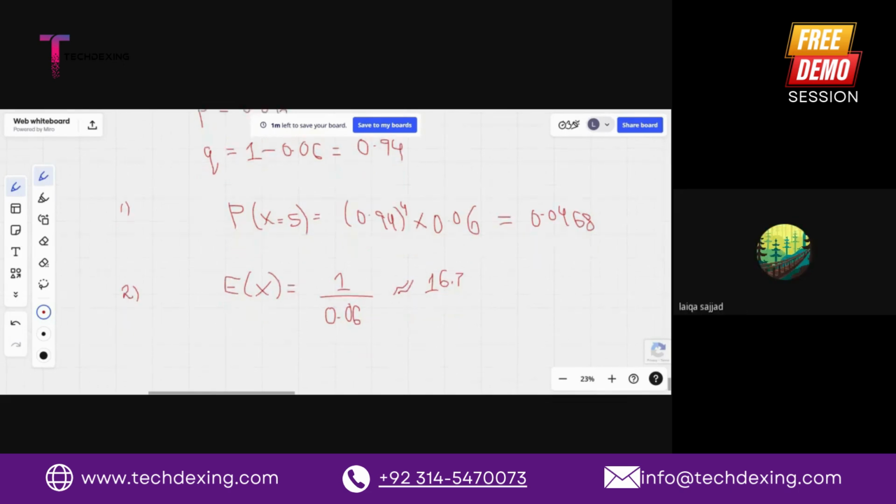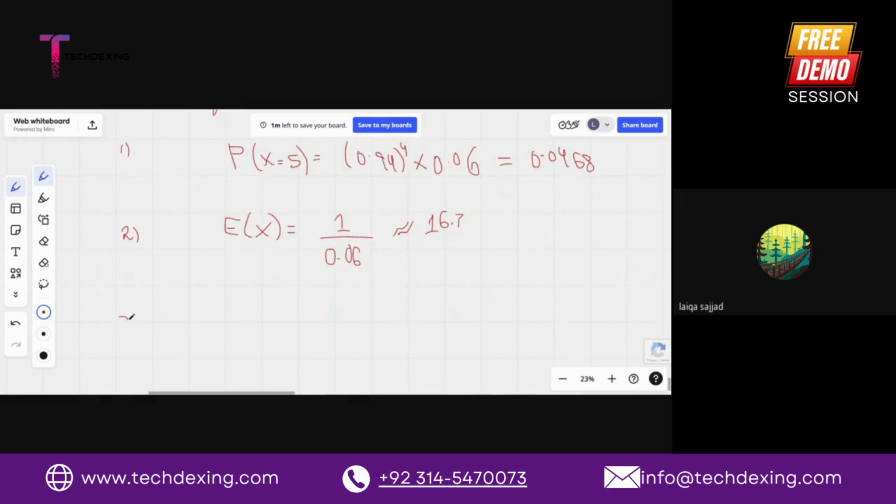So now in the next question, you need to find the probability that you don't get the error in your first 10 messages. No error in the first 10 messages. So what is given in the question? Is the number of attempts for the first success mentioned in the question or not?